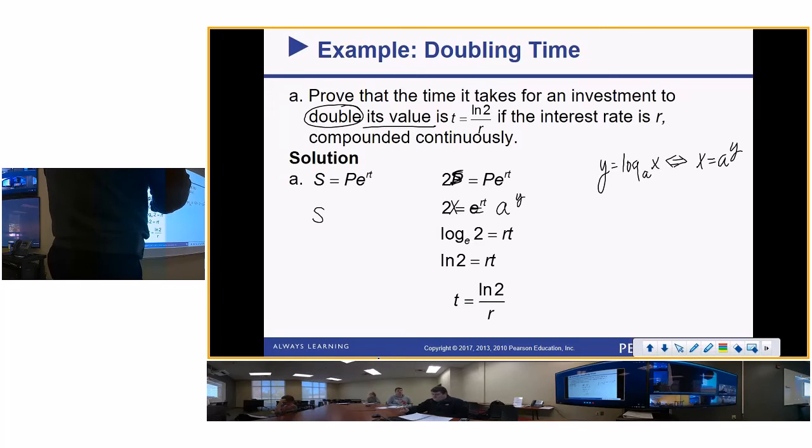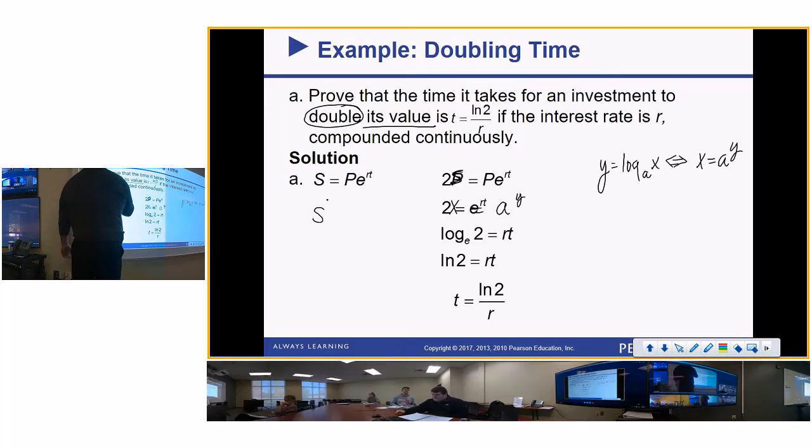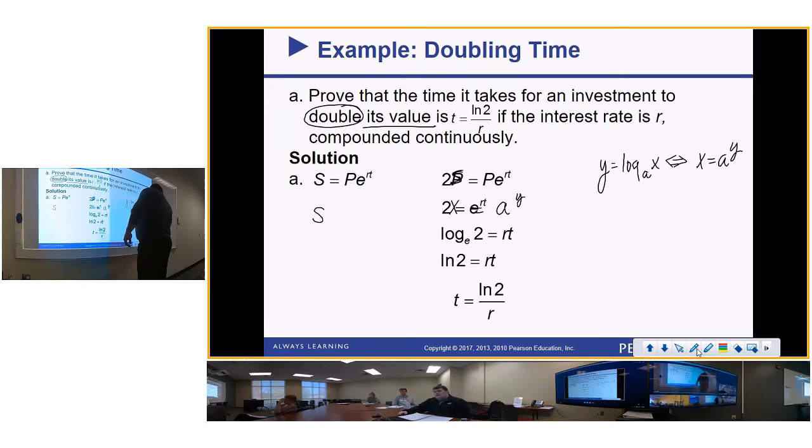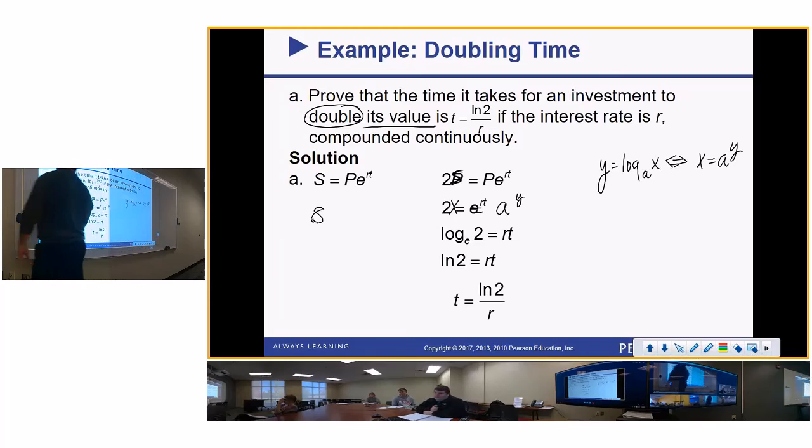They're saying that these two are equal. I don't agree with the way they're doing it, but the point is you're going to use the definition of a logarithm. 2P is equal to P e to the rt.